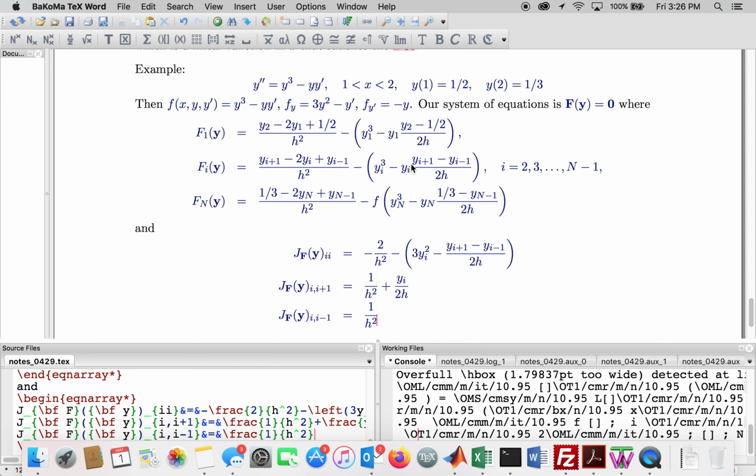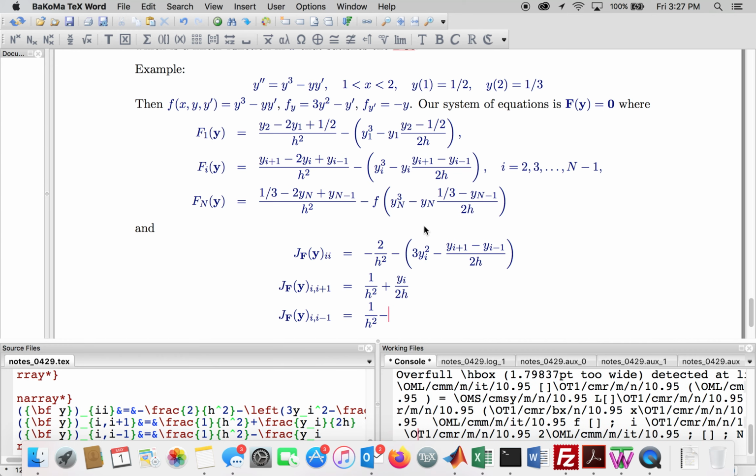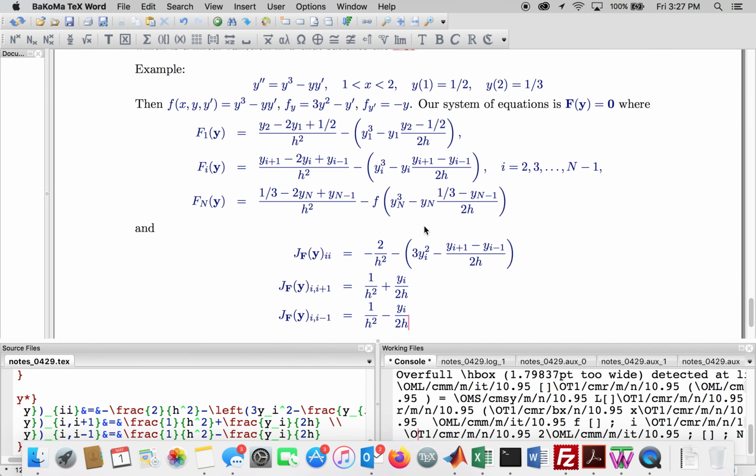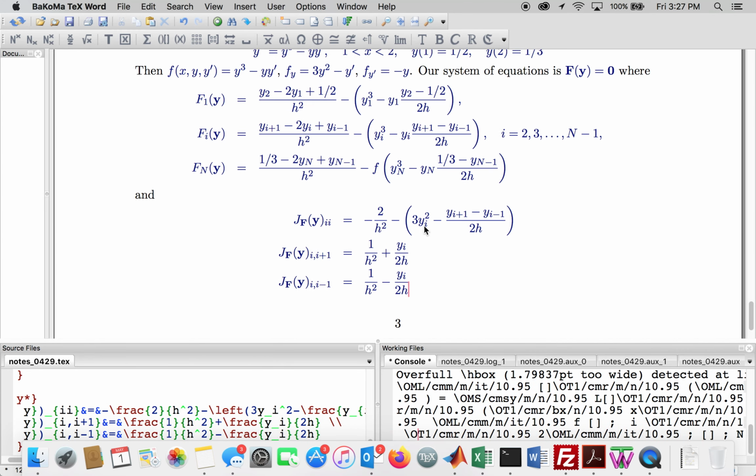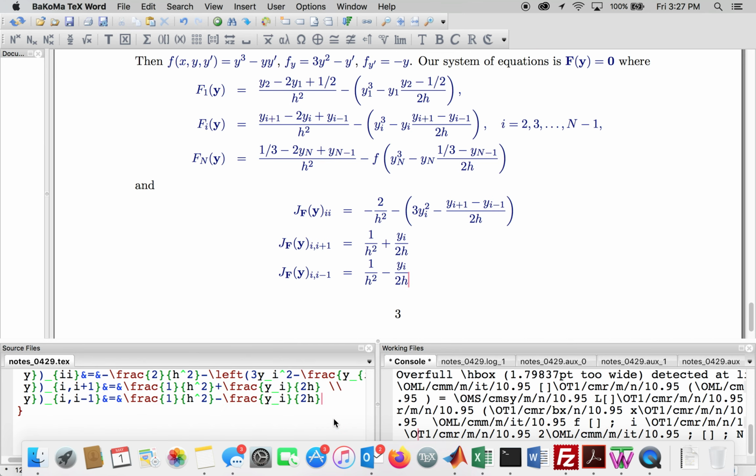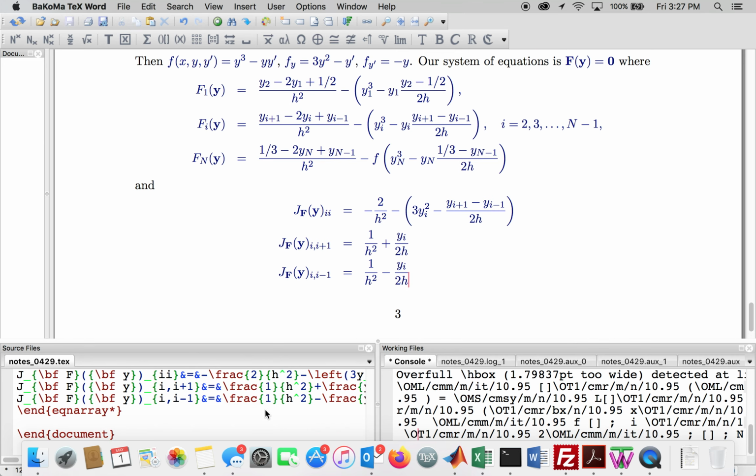And then here, I look at the term involving yi minus 1. Well, that's multiplied by minus, minus, minus. So minus yi over 2h. And so here we have the entries of the tridiagonal Jacobian matrix.